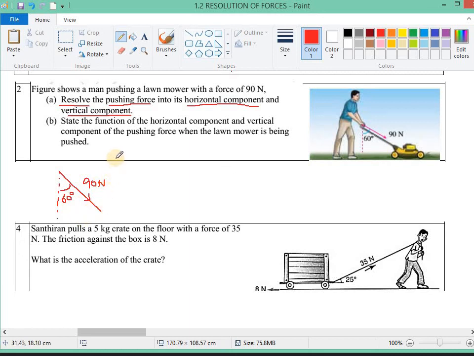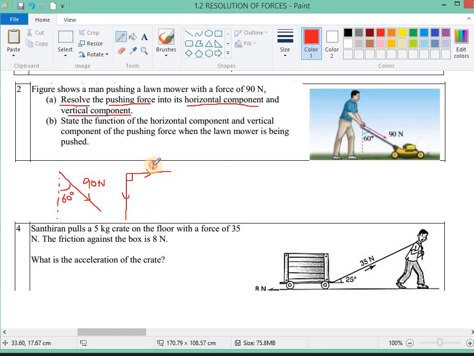What we want to do is split. We use the word resolve, that means we break it apart. We break the 90 Newton into two component forces, two forces that are perpendicular to each other.